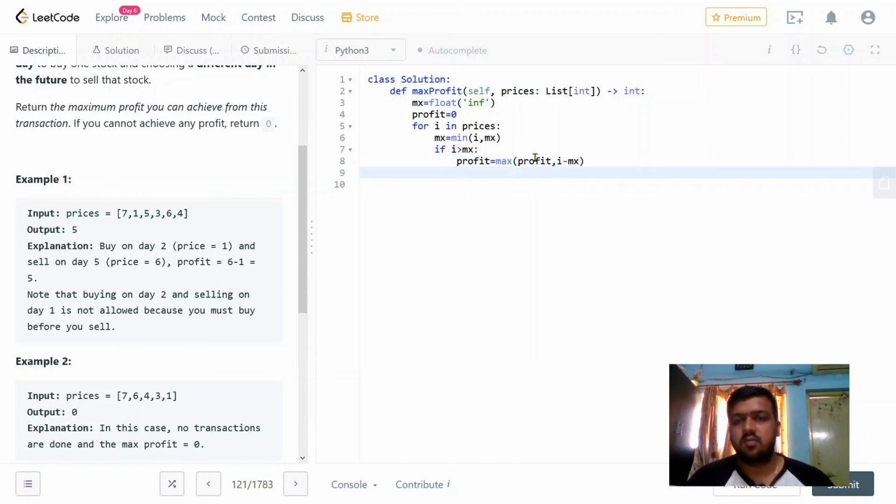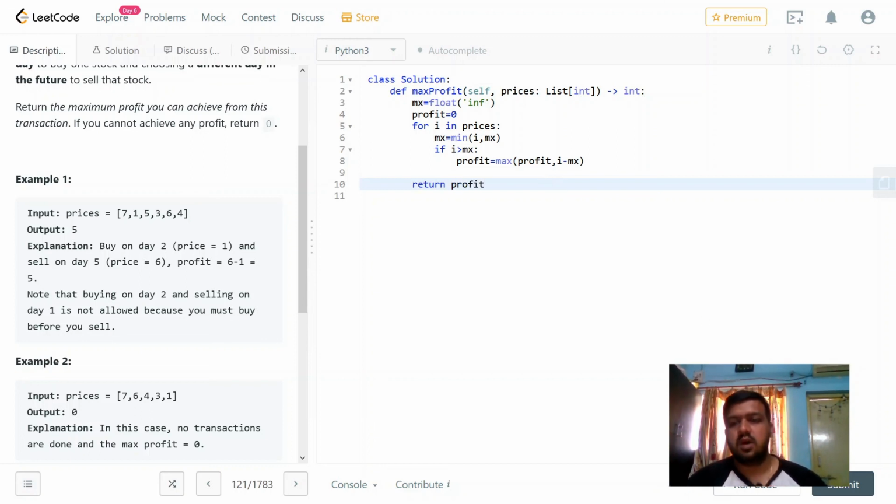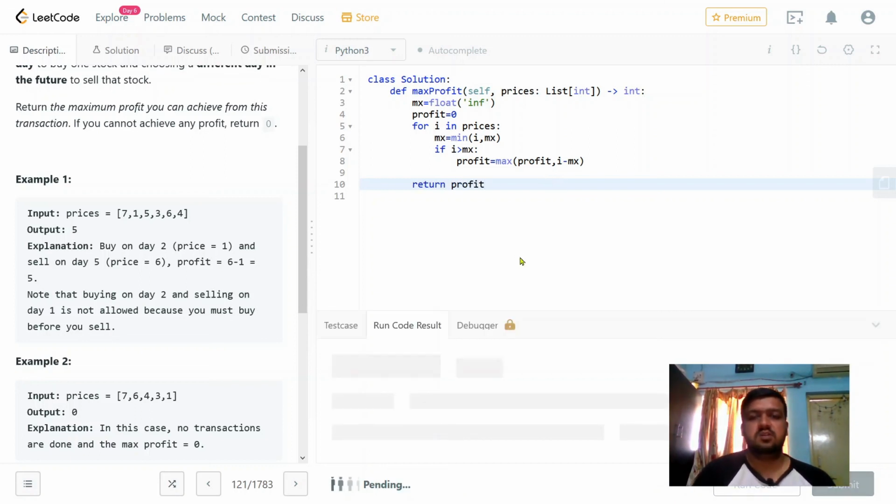What we are doing is checking whether the profit I saw previously is smaller or greater than the current profit from selling the stock. If this is possible, I will store it, else you simply go to the next iteration. If you do this again and again, you will have the maximum profit at your hand. So I will return the profit and let's see if this is working or not.